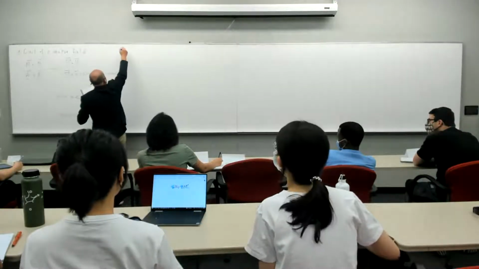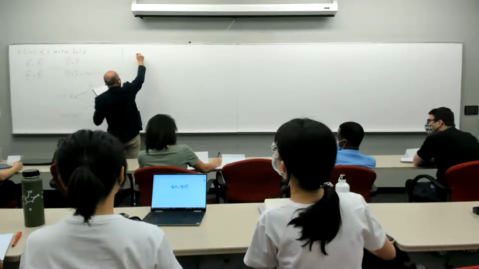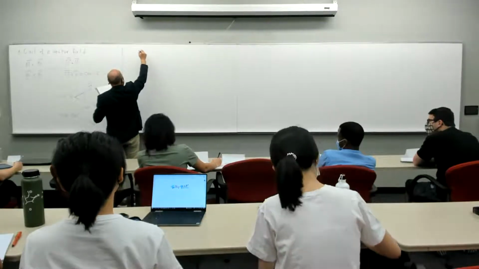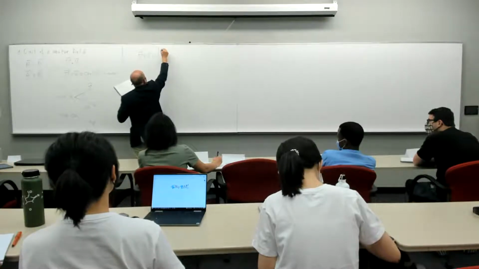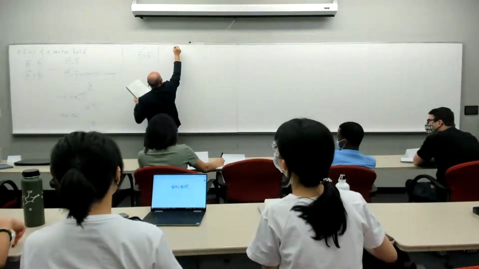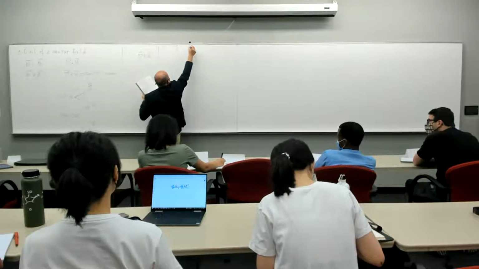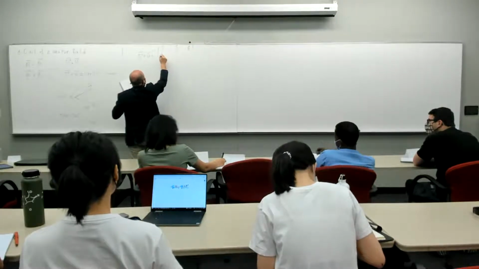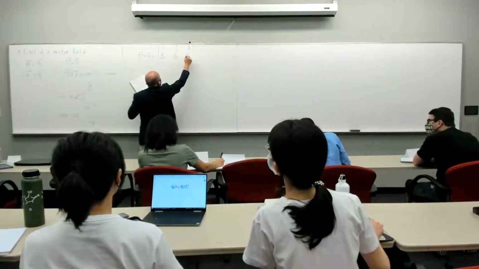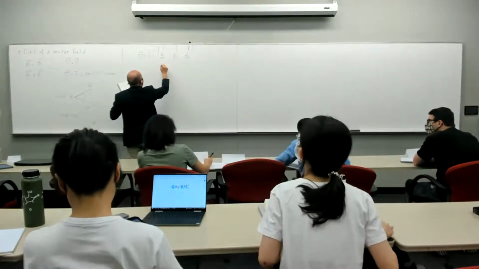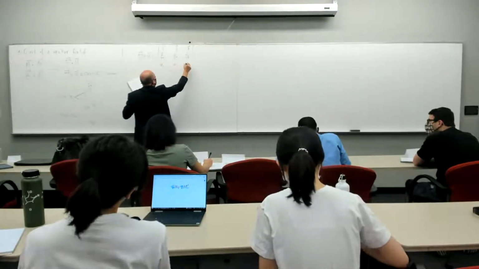So the definition of the nabla cross U follows a similar approach to what we did with the standard cross product. Except now we have d by dx, d by dy, and d by dz, and you have u1, u2, u3.